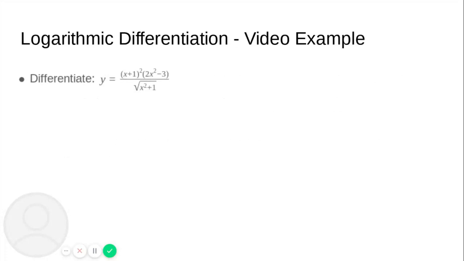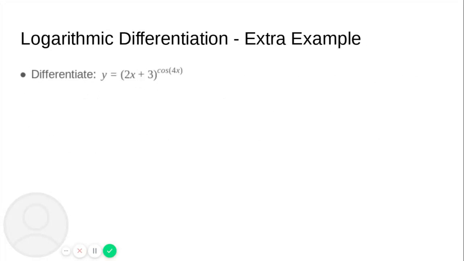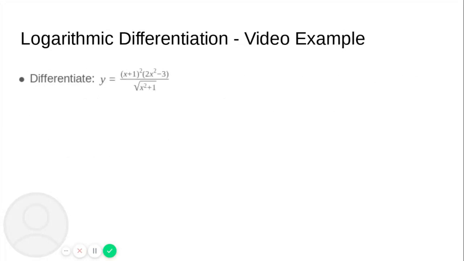So this is the example we're going to work through. It's a pretty complex rational function, which you could technically solve using the product rule and chain rule, but it's fairly difficult. Then there's also one of these functions as well, just as an extra example. But let's work on this one.